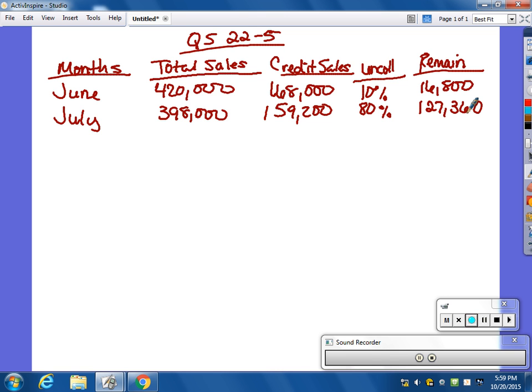So that means total amount uncollected, towards how much? 144,160.